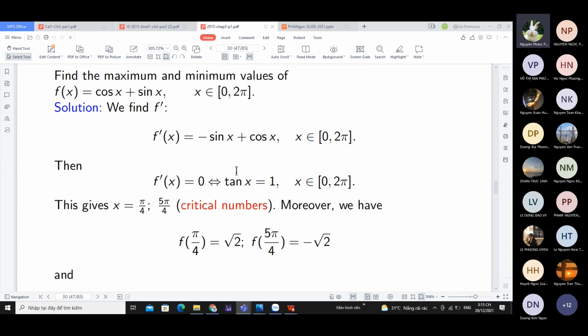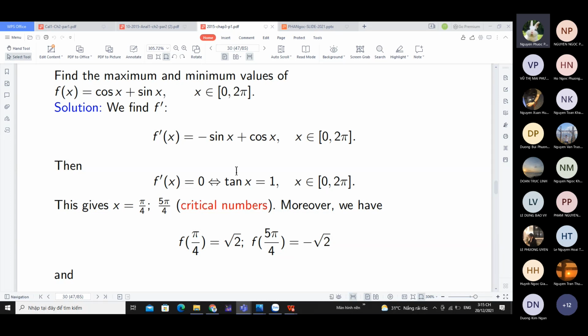Now, we find critical numbers of f. Here, you see f prime of x exists for every x. So f prime of x gives you minus sin of x plus cos of x. And now we find all numbers x such that f prime of x equals 0.